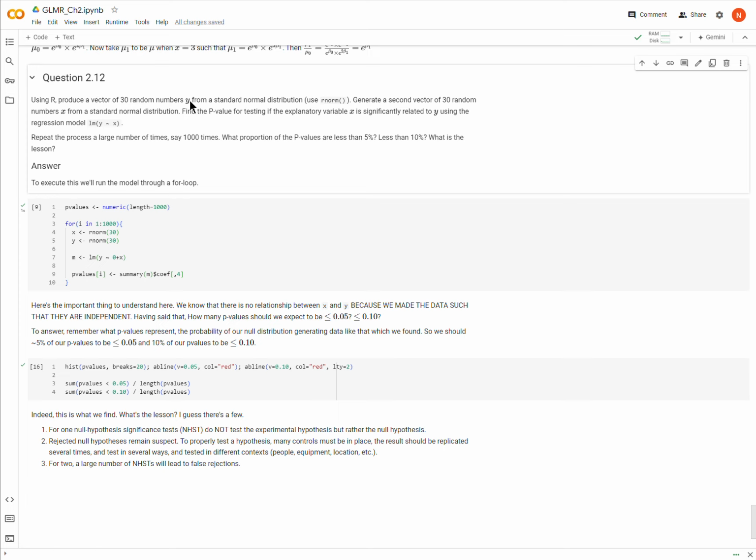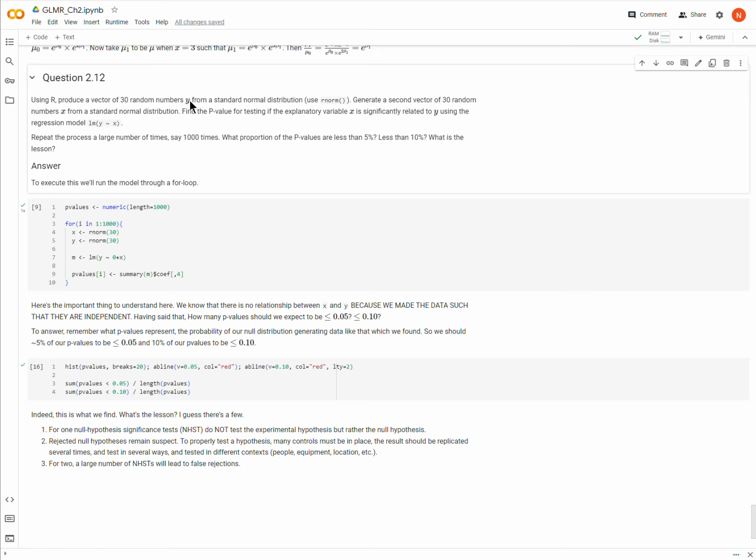To do this, I'm going to create a vector called p-values, and initialize it by telling R that it will eventually have 1,000 values in it, though right now none of the values are assigned anything. They're all NA values.